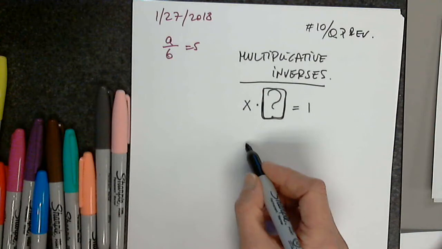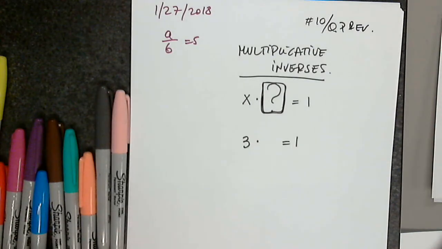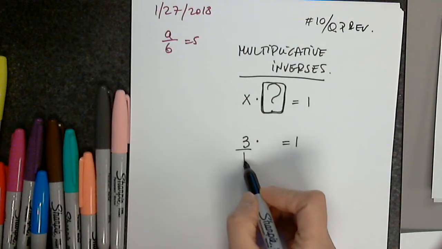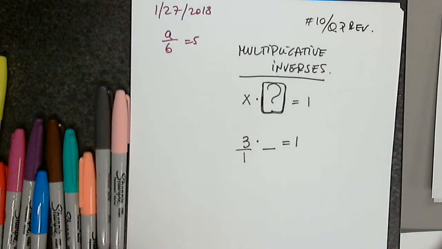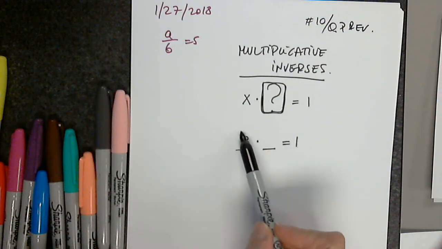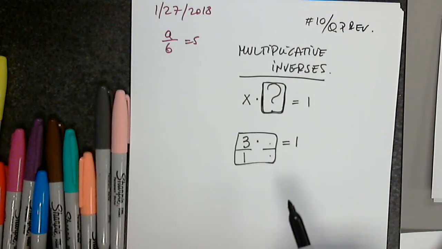Let's try with a number, and then we'll come back here. Let's say I want 3. 3 will be multiplied by what to get 1? Remember multiplication of fractions. Let's say we don't know. So this must be a fraction. There's no other way. In which way, if you remember from multiplication of fractions, what number should I have here and here to get the 1? 1/3.